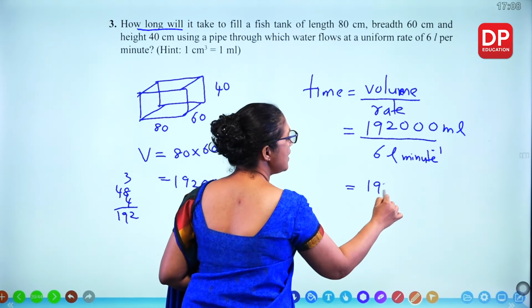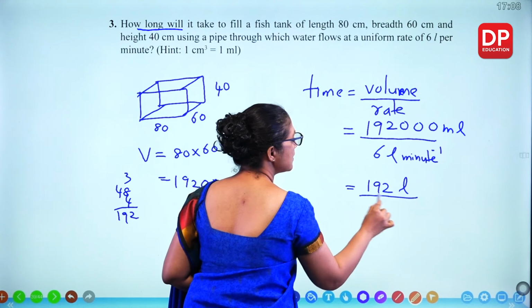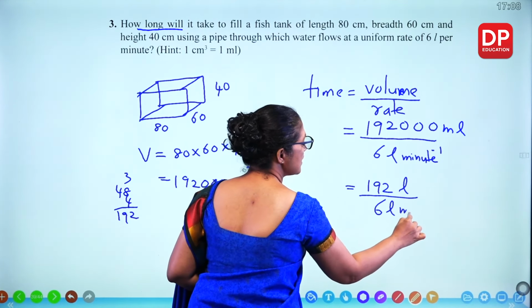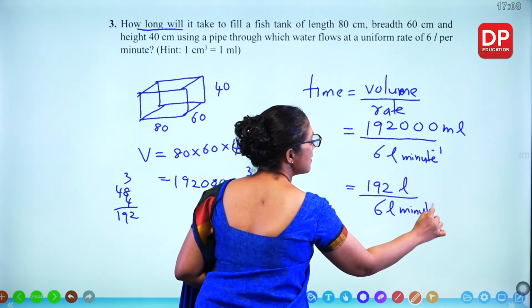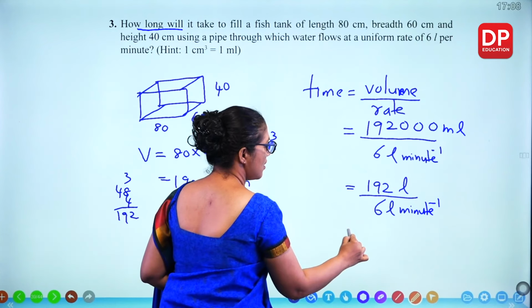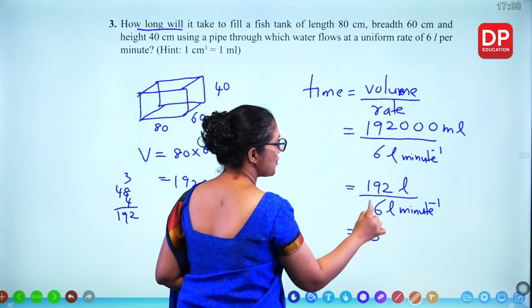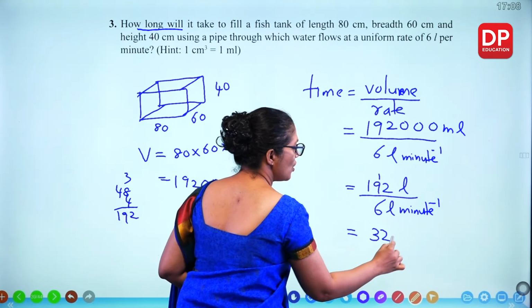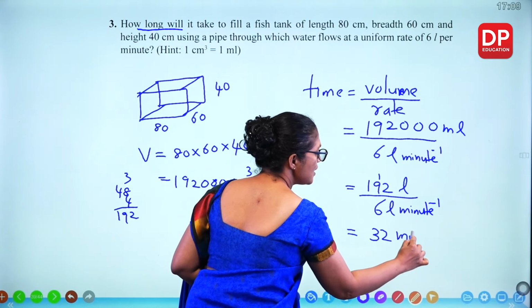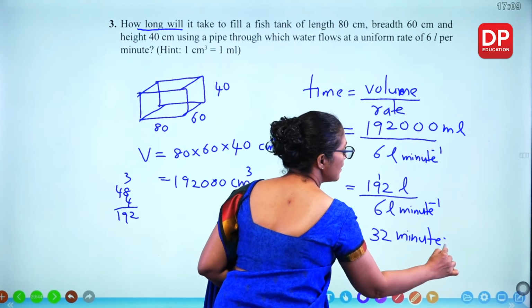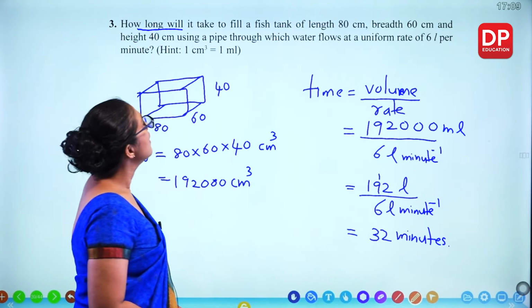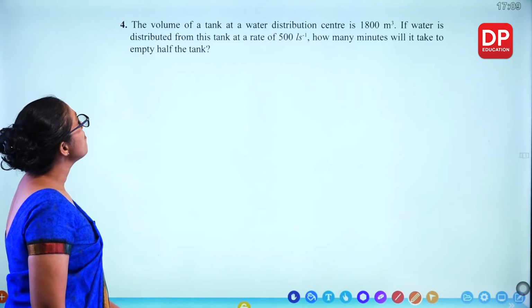So 192 liters over 6 liters per minute. So divide 6 times 3, 18, 6 times 2. We get 32 minutes for this answer.